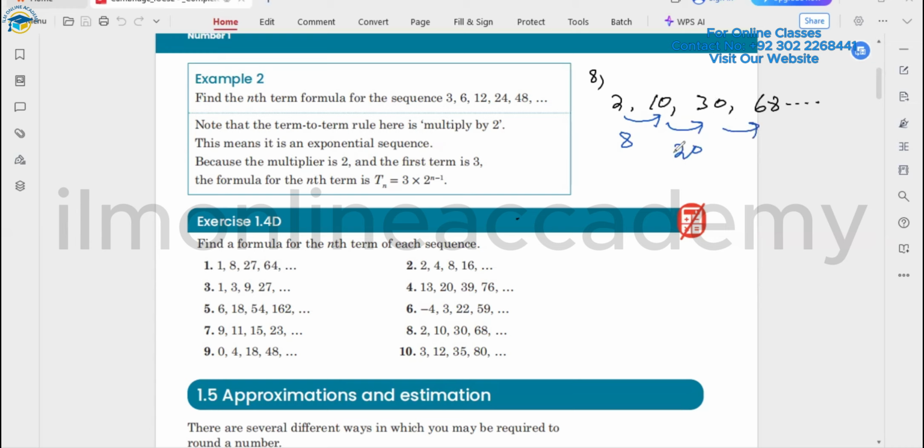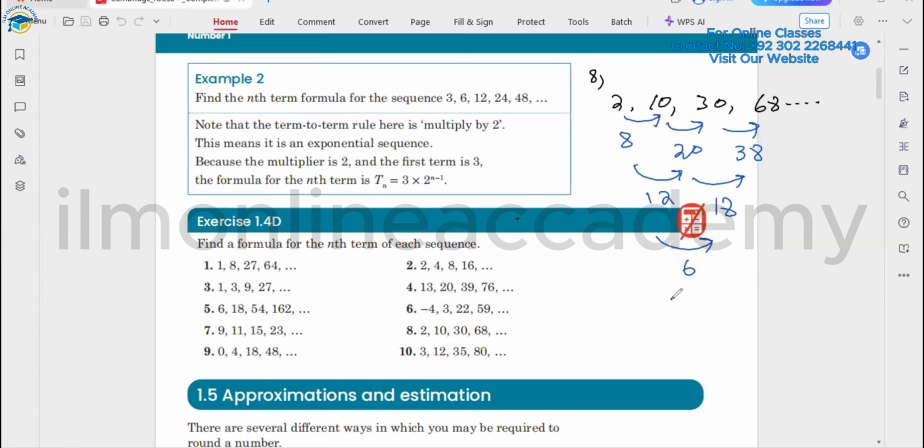And we need to go with 68 -30. So that's coming 38. Okay, let's go on with the second difference. So 20 -8, it will be 12. And 38 -20, it's coming 18. And your third difference is coming 6.